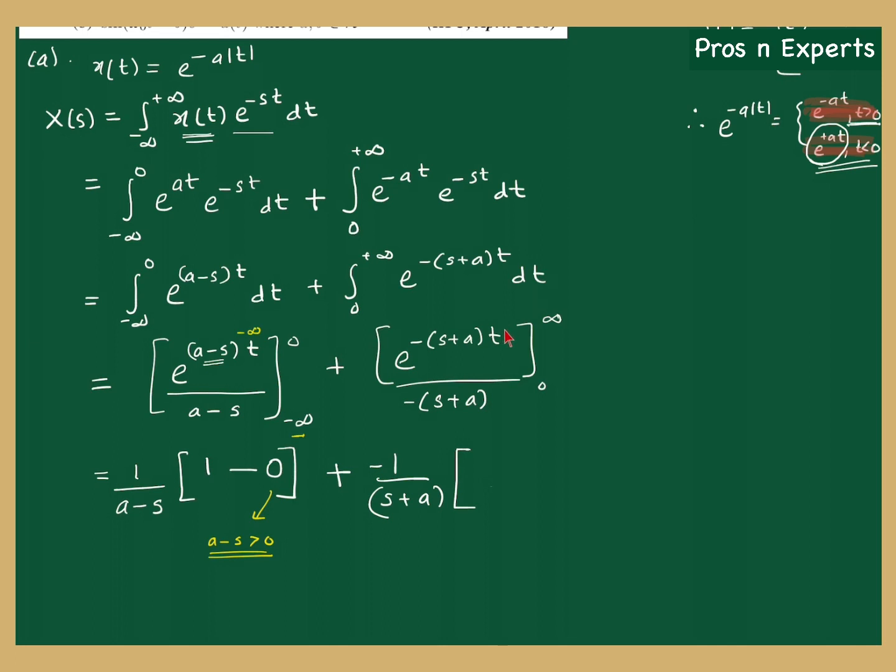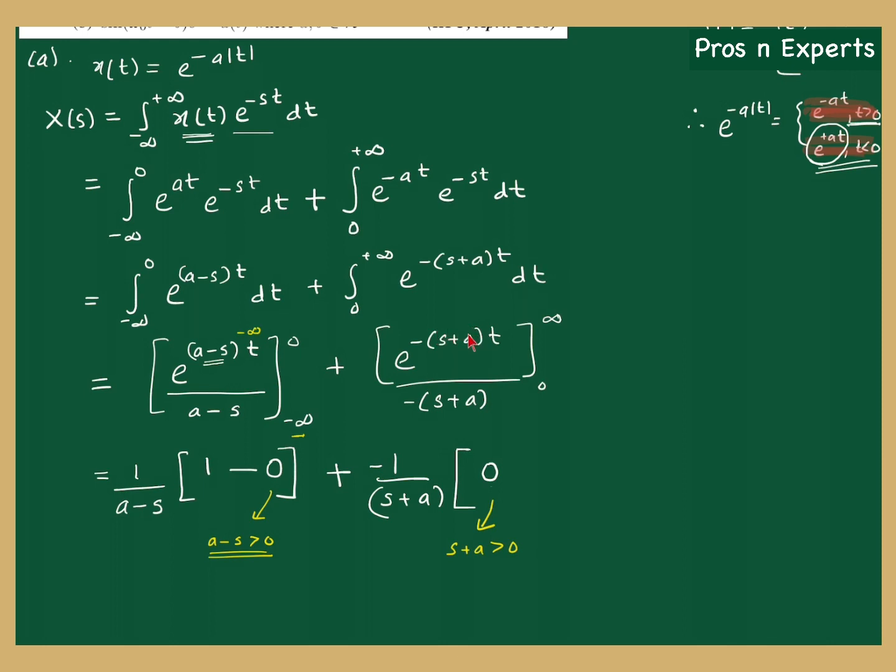Again, are you sure it is 0? It is 0 only if, what is the assumption I have to make? The assumption is that s plus a should be positive. We have to be very attentive.